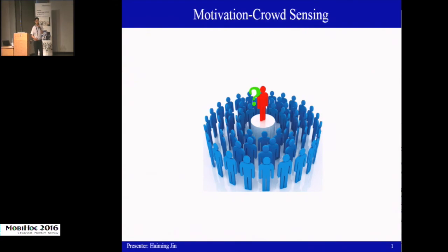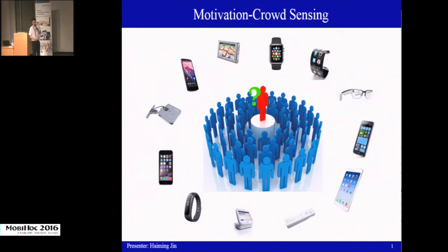Our motivation for doing this work is that we have all experienced the recent popularity of mobile crowd sensing systems that utilize the public crowd equipped with various types of mobile devices, including smartphones, smartwatches, smart glasses, and so forth, for large-scale sensing tasks.